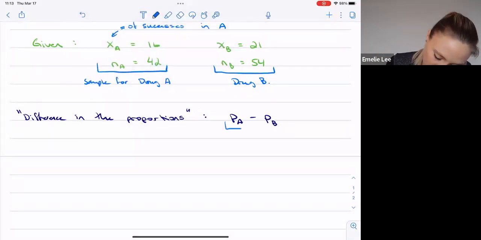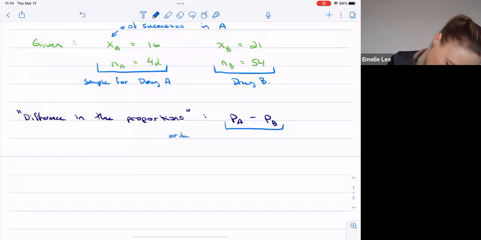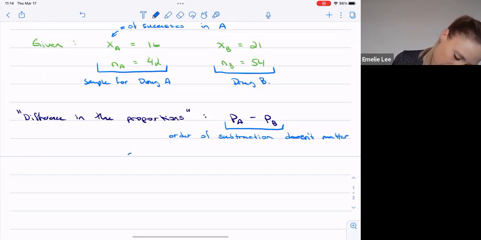Here, the order of subtraction doesn't matter, as long as you are consistent.